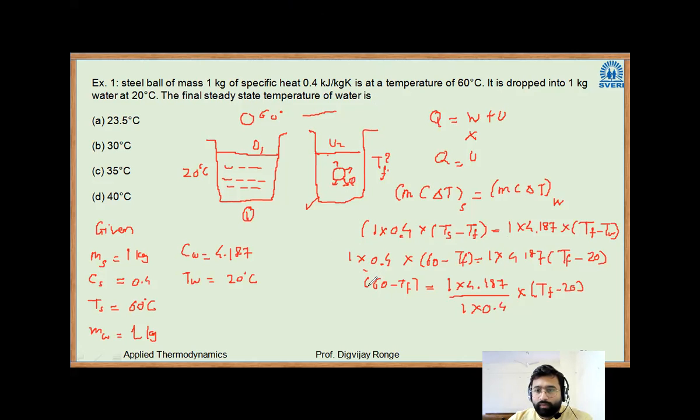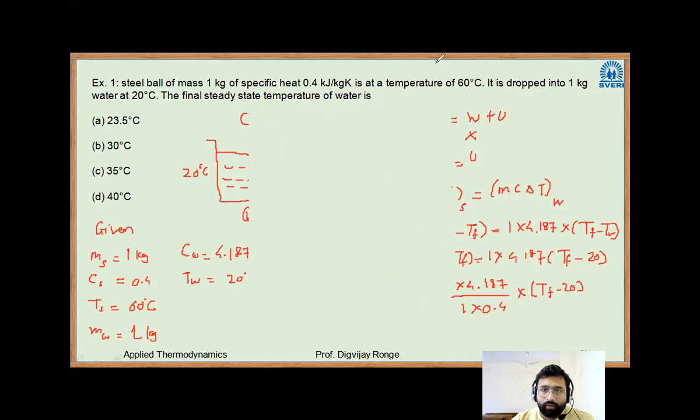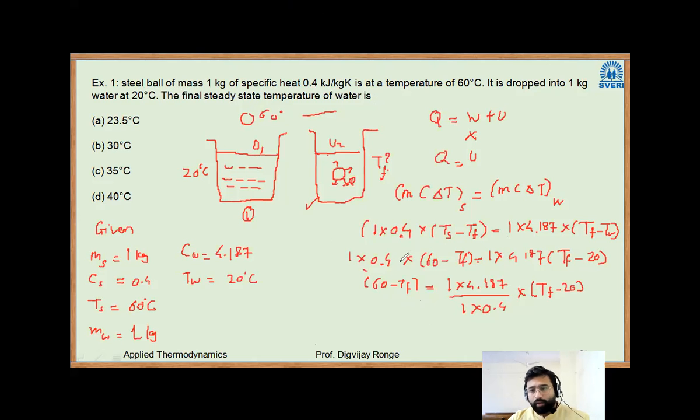Can you solve this and directly tell me the Tf value, or should I solve step by step? It depends on you whether you want me to solve step by step or you can solve directly also. I hope up to this level of diploma engineering, you can solve such equations and directly calculate Tf. But still, I will tell you how to calculate.